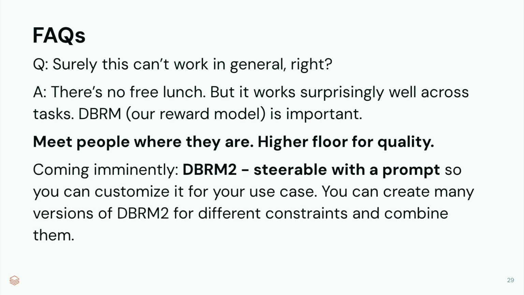And so just a quick teaser for everyone in this room. We talked a lot about DBRM in this talk, and currently the research team has been working very hard on DBRM2. DBRM2 is actually steerable with a prompt, so you can customize it for your own use case. There are going to be a lot of different versions of DBRM2 that you can constrain, combine, and mix and match.